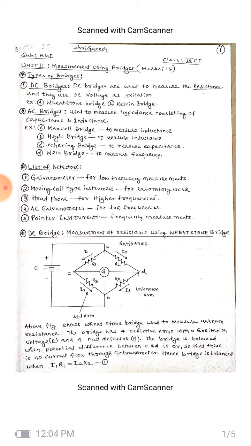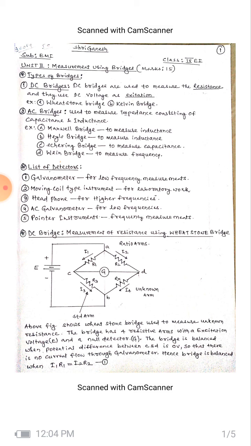There is a supply voltage E, a DC supply. This bridge is used to measure the unknown resistance and it uses excitation voltage E and the null detector G.